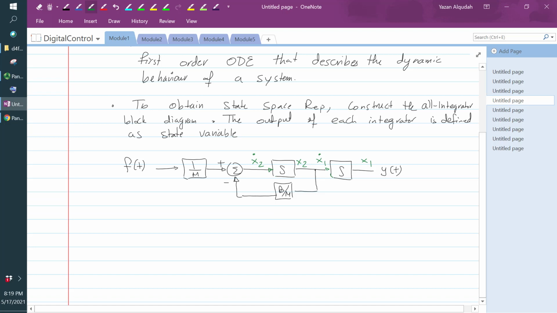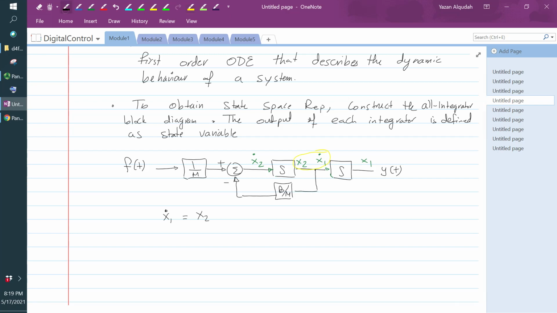Now what I can write, if I look here, I notice that x1 dot is the same as x2. So looking at this block diagram, x1 dot is equal to x2. This signal is the same as this signal.